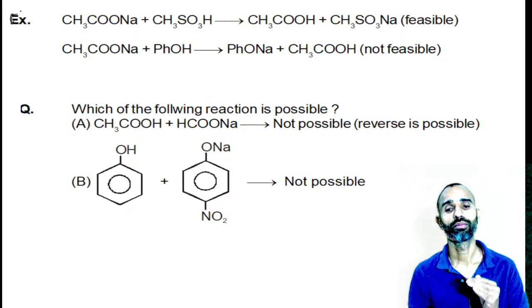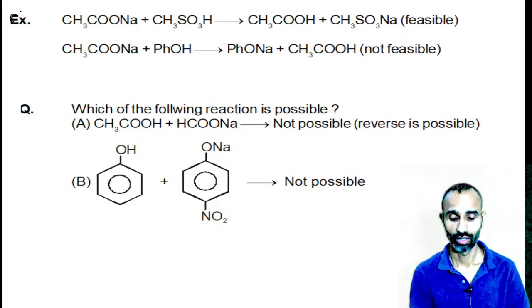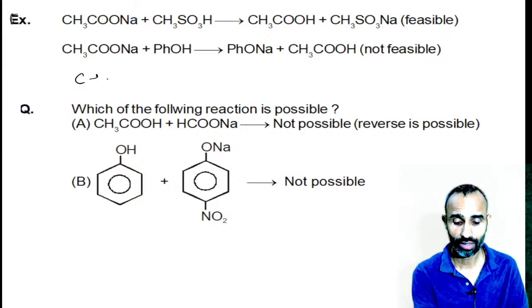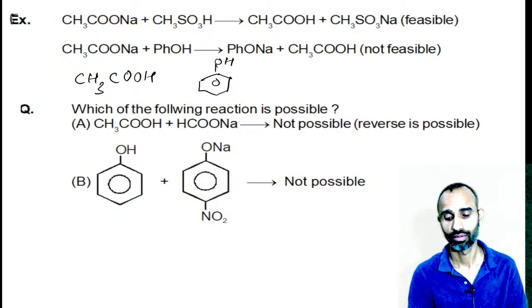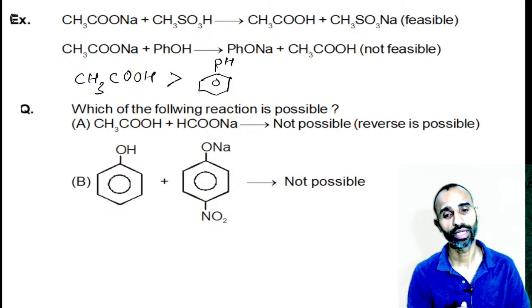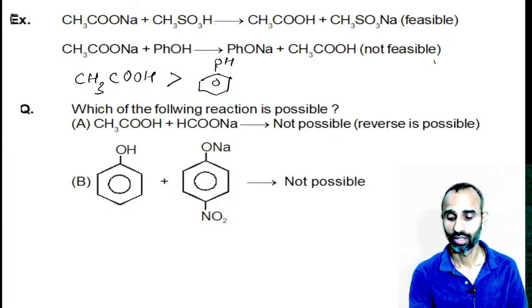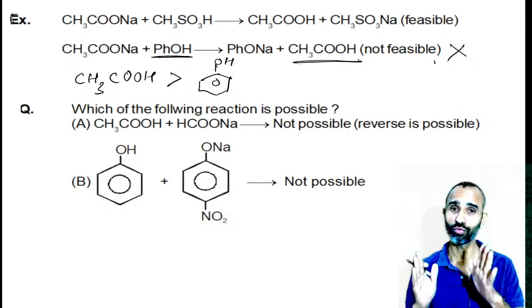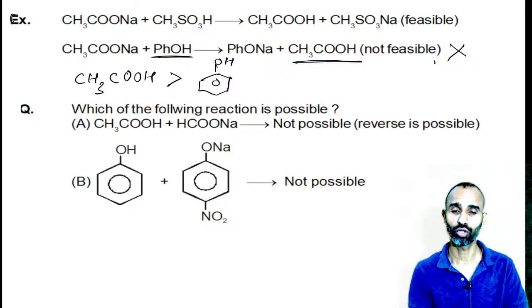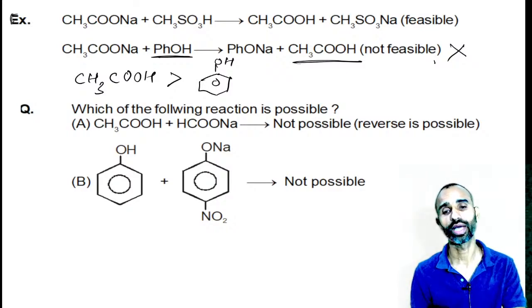But if we have sodium acetate and treat it with phenol, and compare acetic acid and phenol, which one is more acidic? Acetic acid is more acidic. Therefore, this reaction cannot take place, because phenol is a weak acid and acetic acid is comparatively stronger. Both are weak acids, but if we compare them, acetic acid is stronger than phenol.